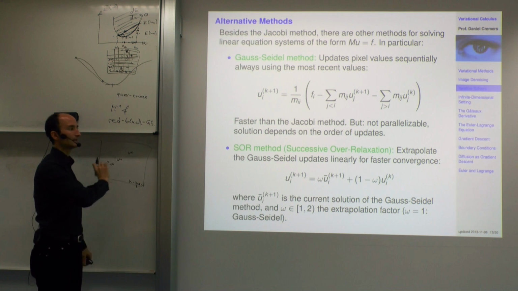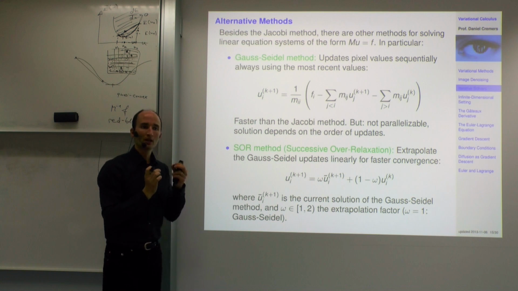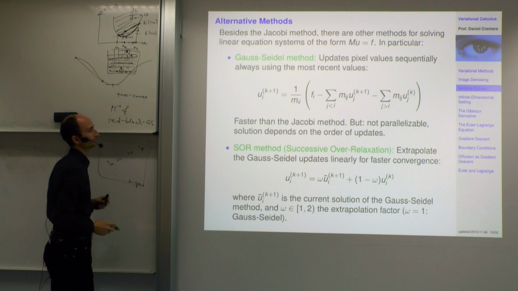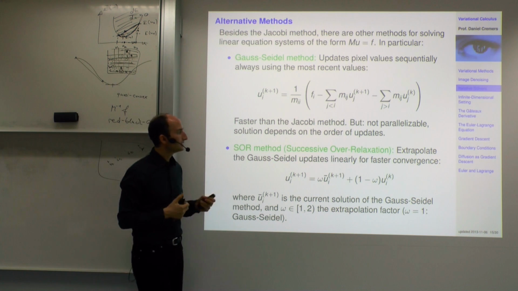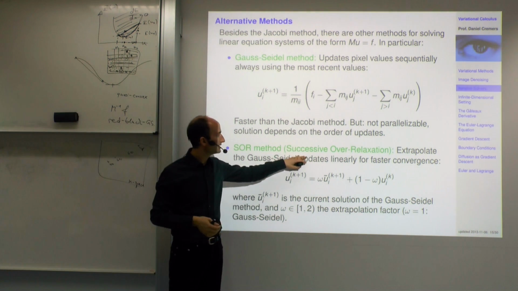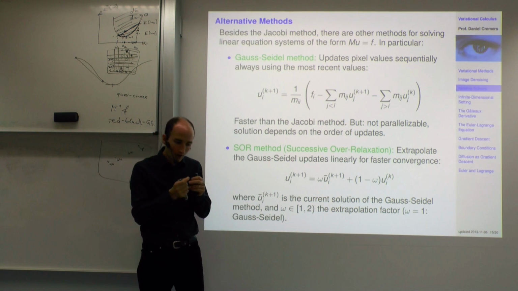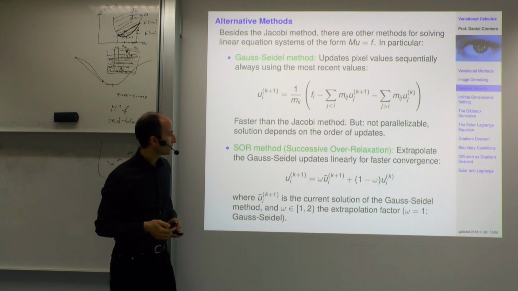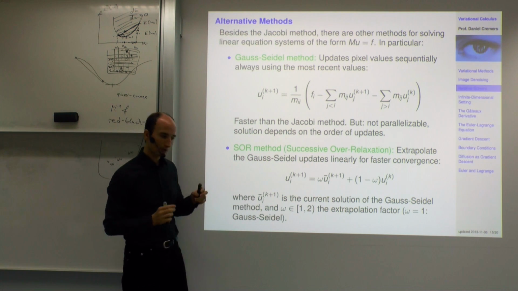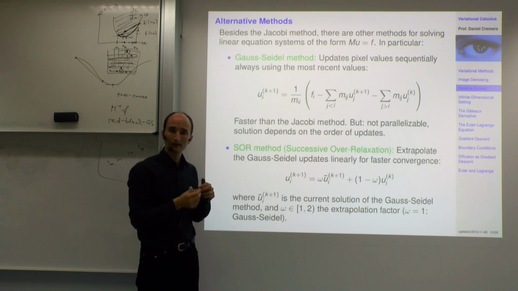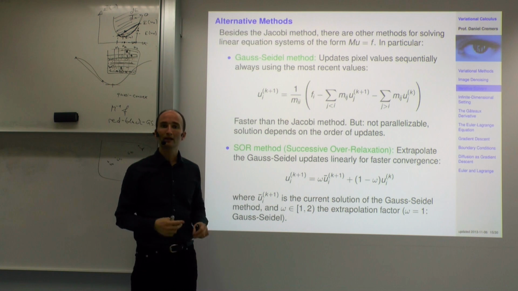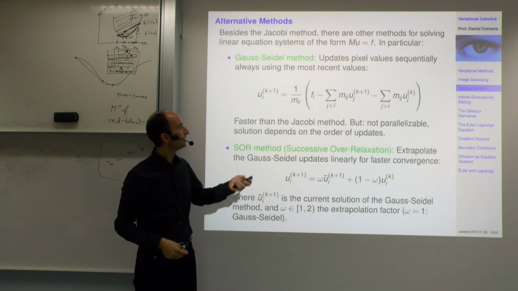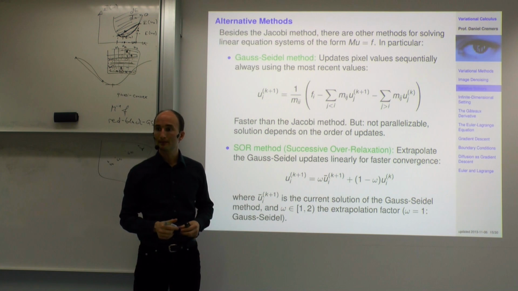And the idea is that in the process of iteration, it converges to the optimum, U optimum, somewhere here. Now the intuition behind the SOR method is that somehow all these iterates go more or less in the same direction. So one of the things you can do, if this process is heading in some direction in my space U, is in each iteration extrapolate a little bit, go a little further than what the Gauss-Seidel would tell me.